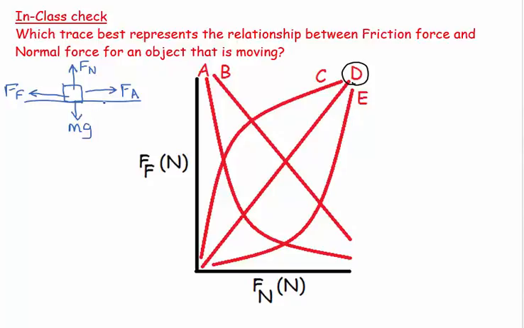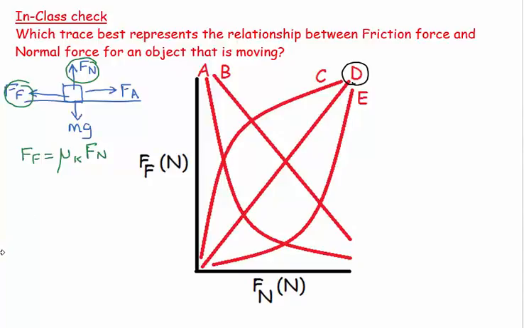And so what it's saying is, under these circumstances where the object is sliding across a surface, how do I relate the normal force with the frictional force? And we know that the frictional force is equal to the coefficient of kinetic friction for a moving object times Fn.